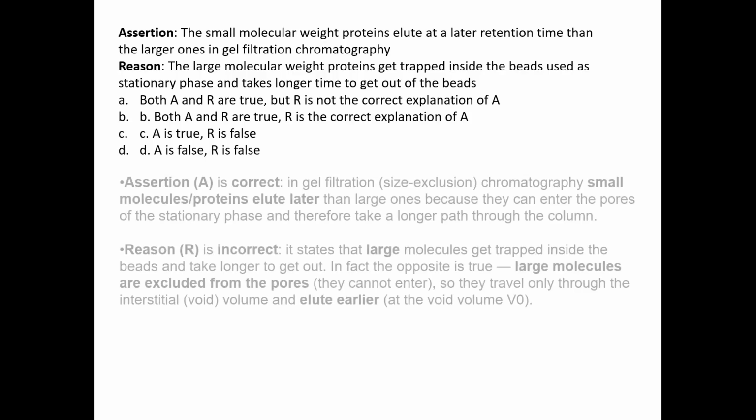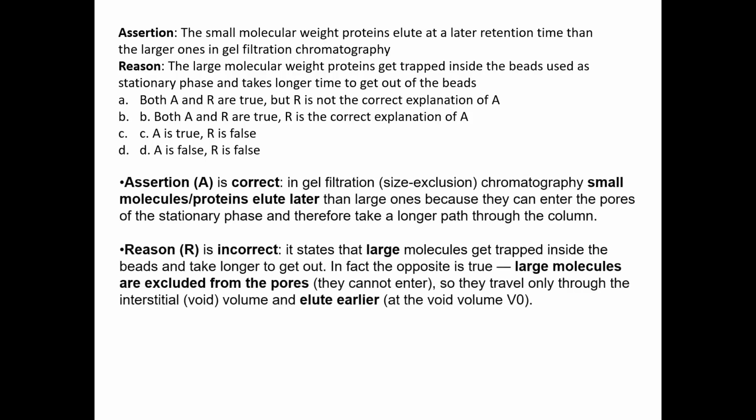Okay. So the answer is A is correct, R is incorrect, because they themselves are saying opposite sentences in both. A is correct because in gel filtration chromatography, small molecules and proteins elute later because they have a large retention time and they can pass through all the pores in the column, in the stationary phase, and take the longest path. But R is incorrect because large molecules don't get trapped.